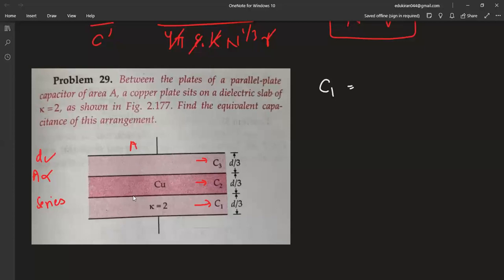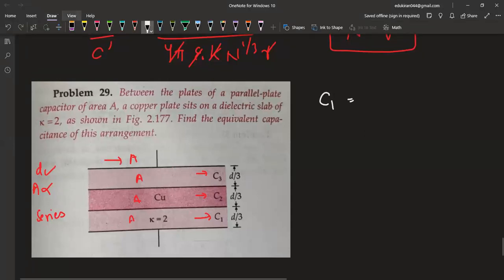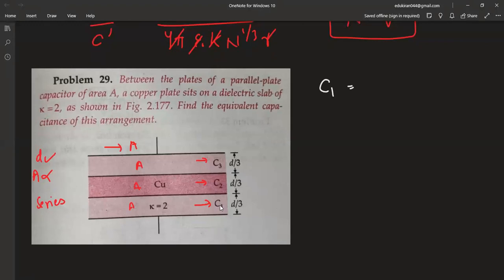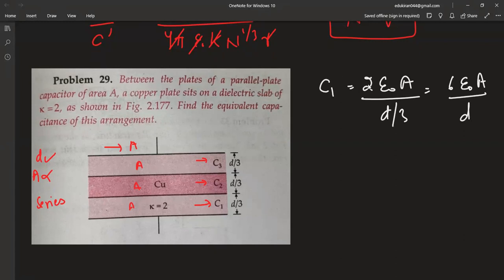And see, the area of all the plates is the same, A. So when we're talking about C1 specifically, this will be K, that is 2, epsilon naught A by D by 3. So this is equal to 6 epsilon naught A by D, correct? 3 into 2, 6.